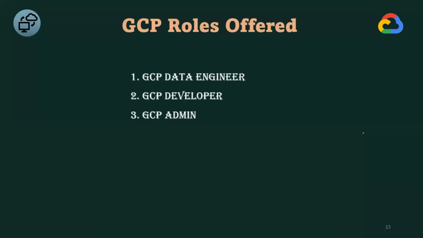The GCP roles offered are GCP data engineer, GCP developer, GCP admin. Whoever you are, this course is going to be helpful for you. But this course is 100% covered for GCP data engineer, for developer 30 to 40%, and for admin only 30%, because IAM concepts will come into the picture.